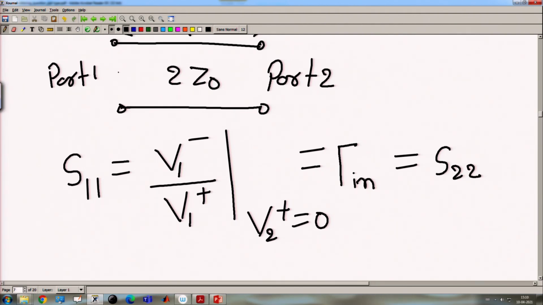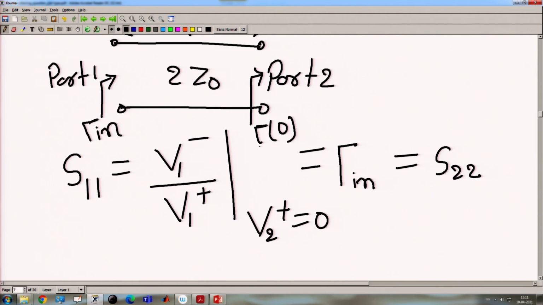So, here it is gamma in, and here we can denote gamma 0. We can denote gamma 0 at port 2 and gamma in at port 1.